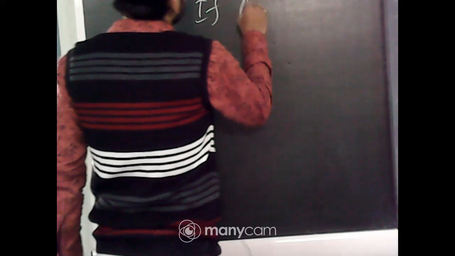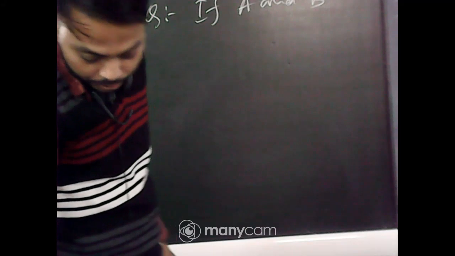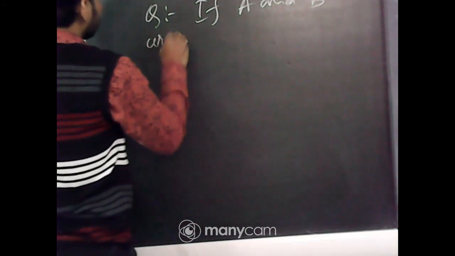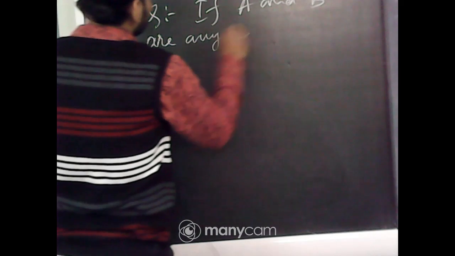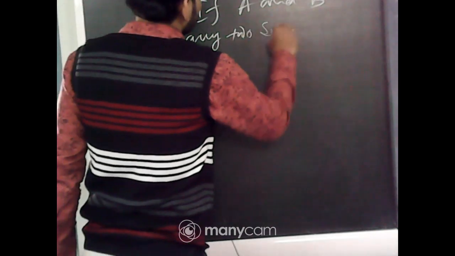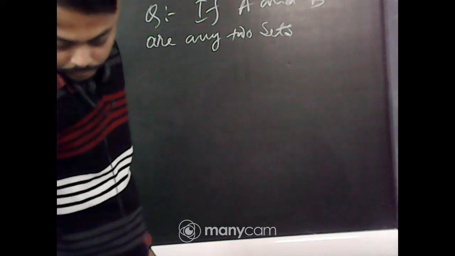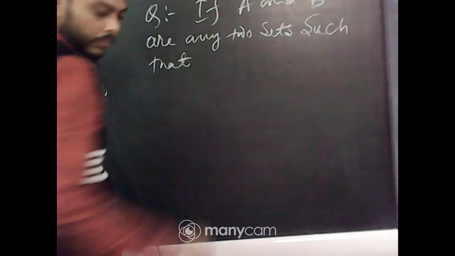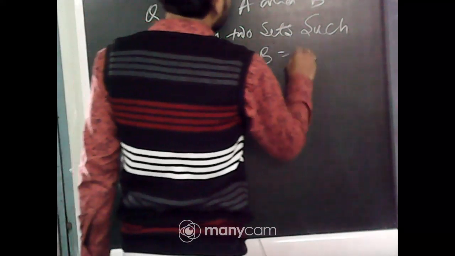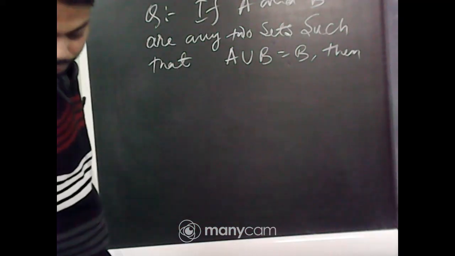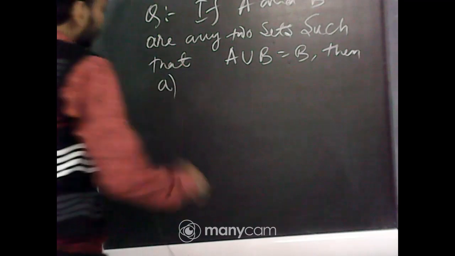If A and B are any two sets such that A union B equals B, then which one is correct?